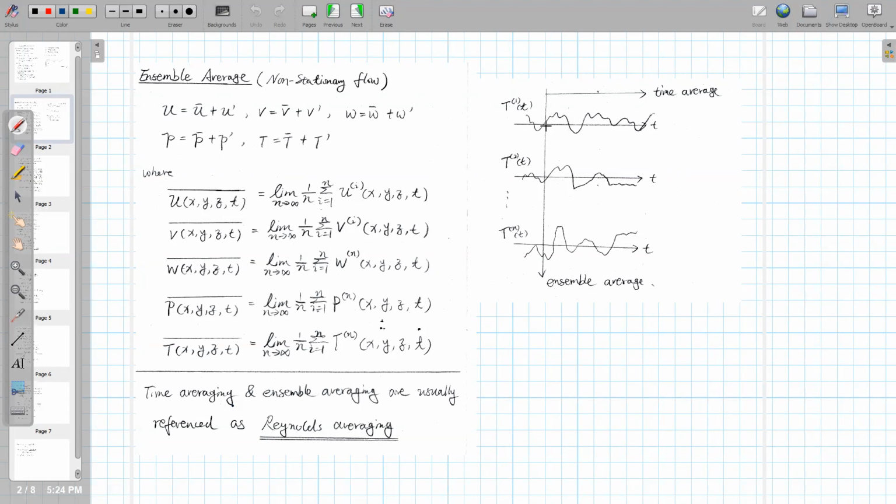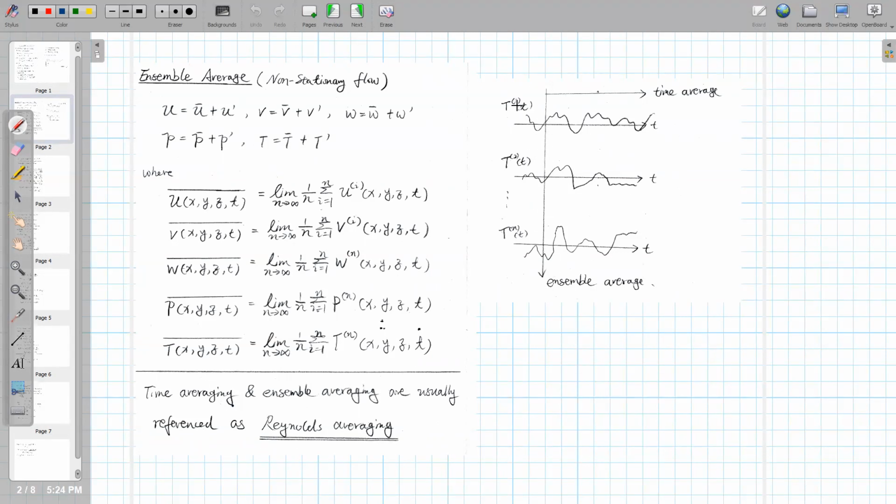But you do this unsteady state flow many times. The first time you do the experiment for this unsteady state problem over some time range t, and then you do the second time, the third time. Then you average between these realizations.